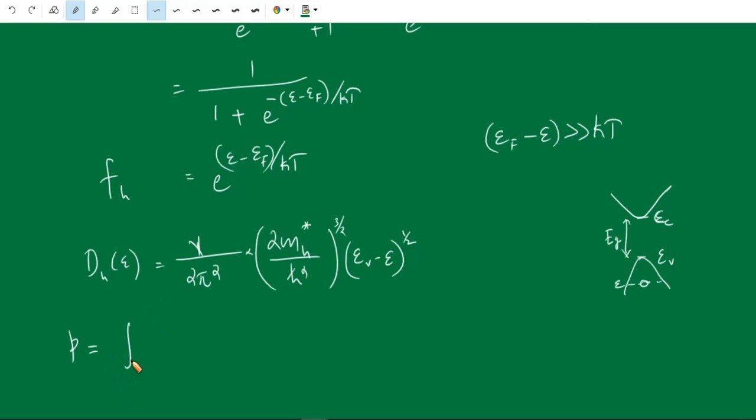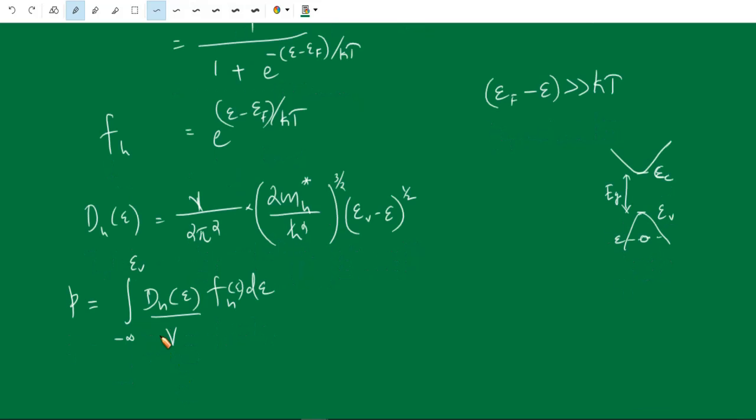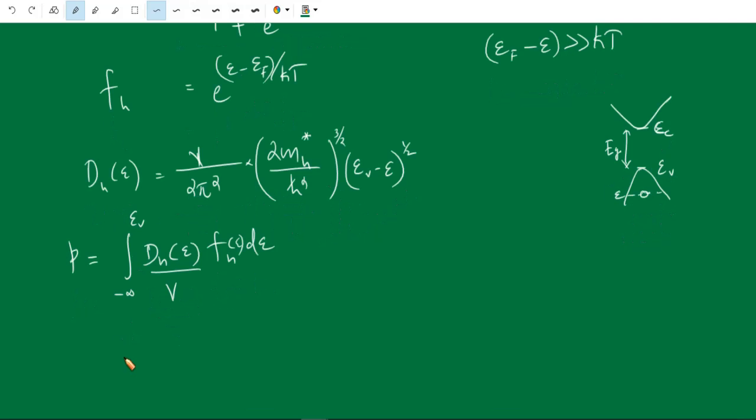So we can write this as the integral from minus infinity to Ev of dH of E into fh of E dE, divided by V. So dH times f of E dE gives the total number, divided by V gives the total number per unit volume. So that is the concentration of holes.